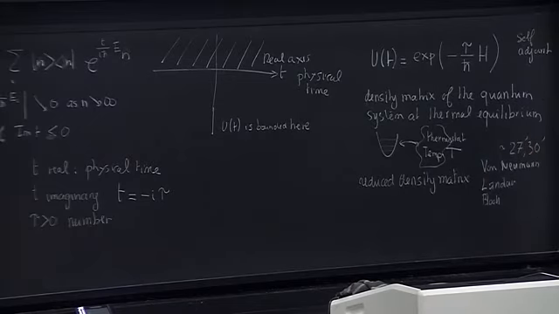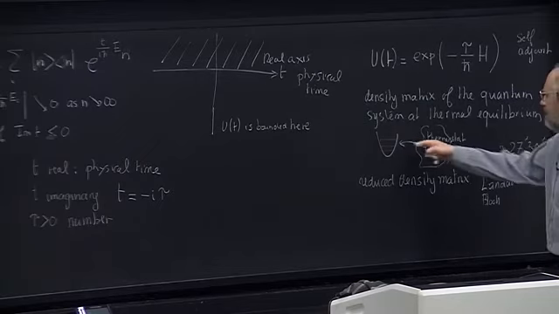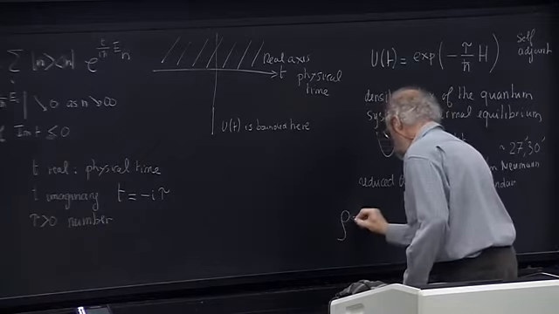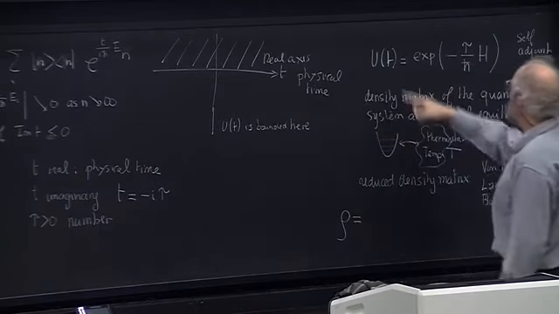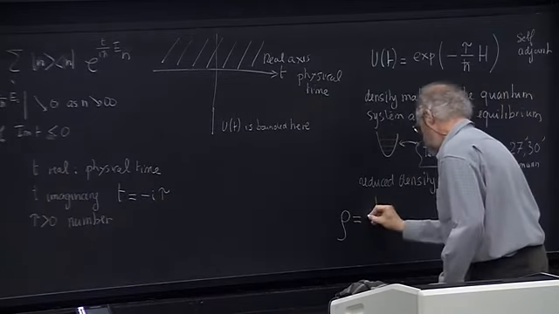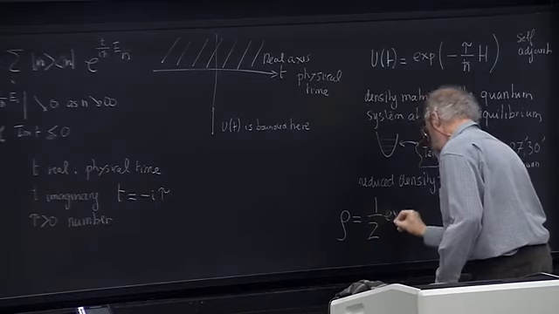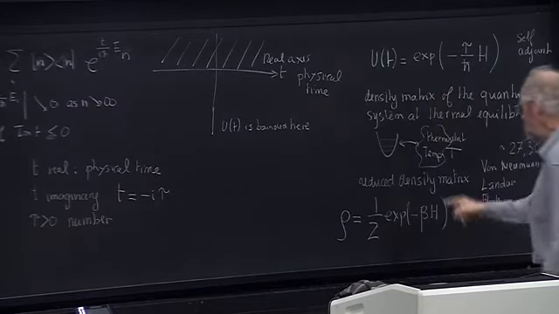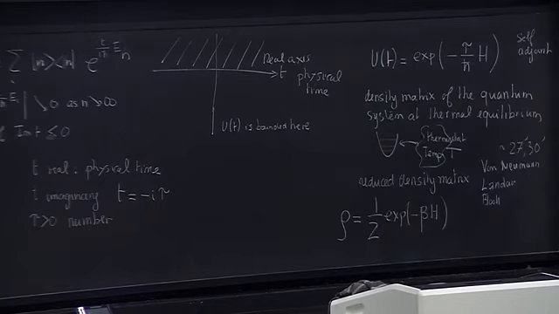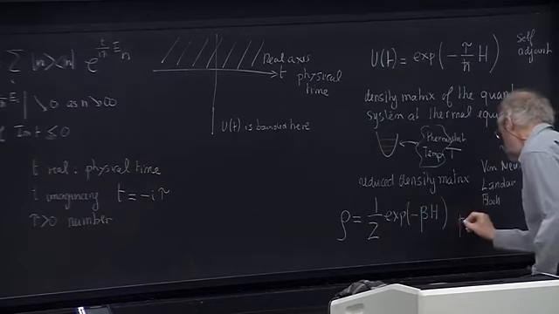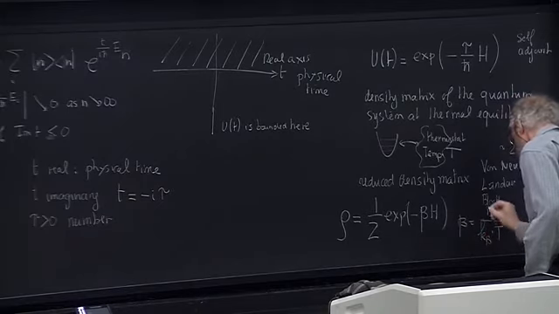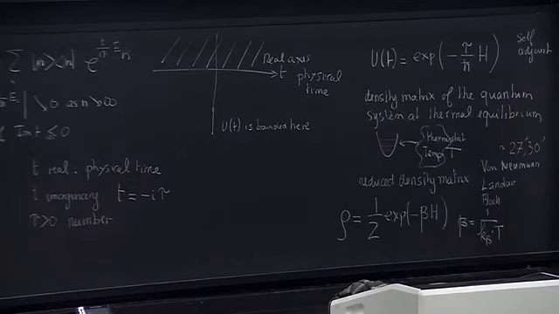The reduced density matrix, when it's at thermal equilibrium, is just rho equal the normalized, so 1 over Z times exponential of minus beta H, where H is the Hamiltonian, and beta is 1 over k_B times T, where k_B is the Boltzmann constant and T is the temperature.